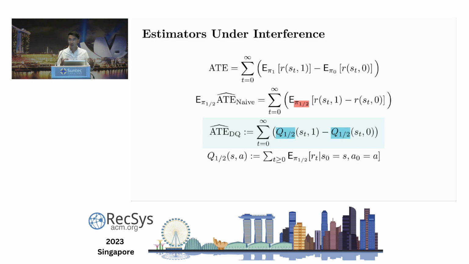For comparison, the naive estimator looks at the R values, so it's saying what's my one-step reward under treatment and control, and the DQ estimator says what's my long-term value, having taken action 1 versus action 0. So that's all this estimator is.